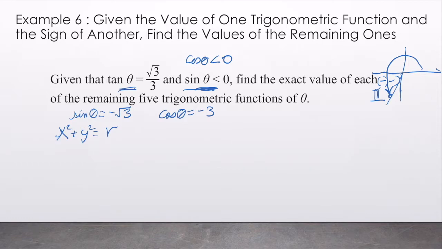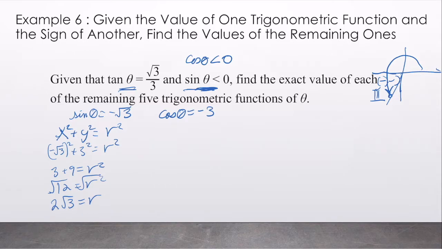So I'm going to take negative square root of 3 squared plus negative 3 squared equals my radius squared. That gives me 3 plus 9, so 12 equals r squared. Sorry about that. So I take the square root of both sides, and that gives me 2 square root of 3 is my radius. And our radius is always positive.